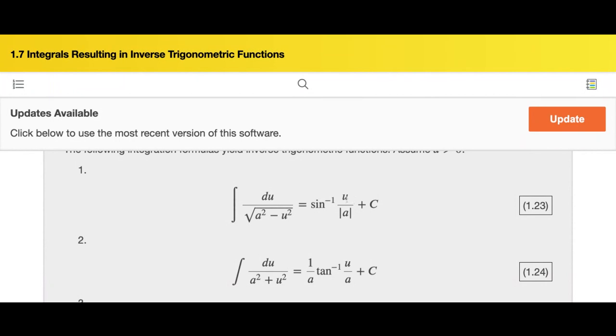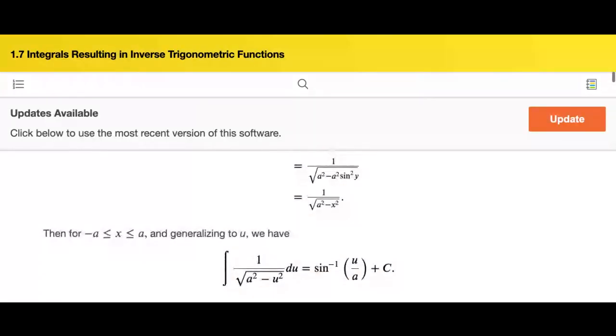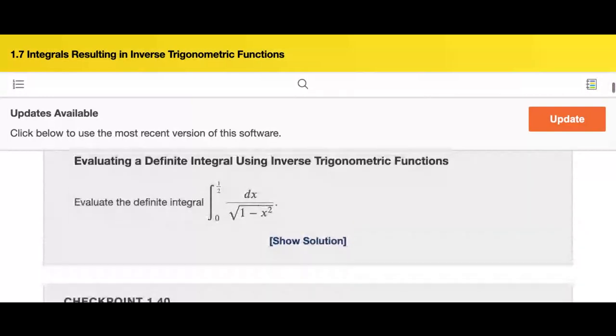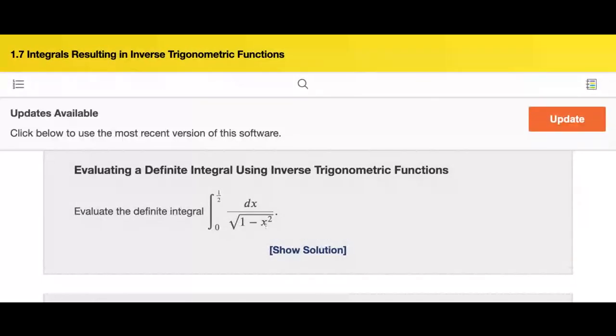That's arc sine of u divided by a, and in our case a is just 1. So we just have arc sine of x plus c.